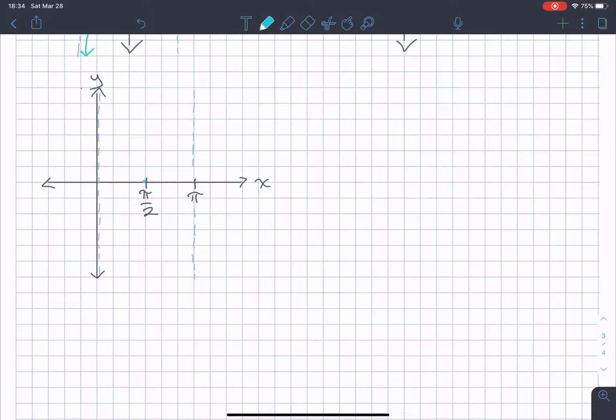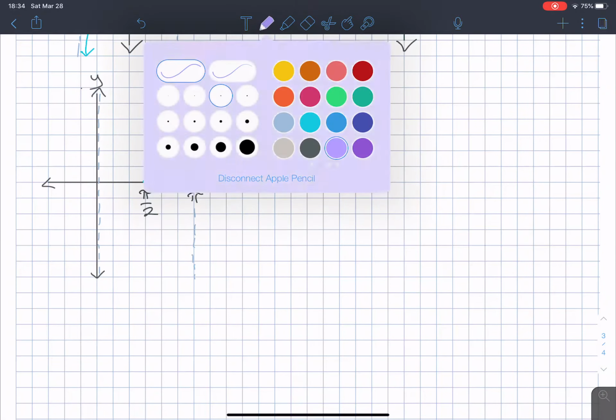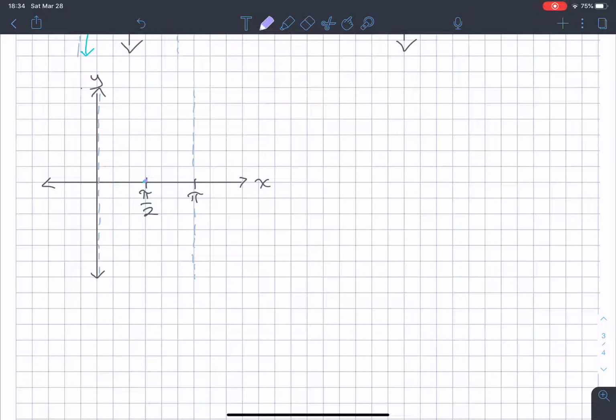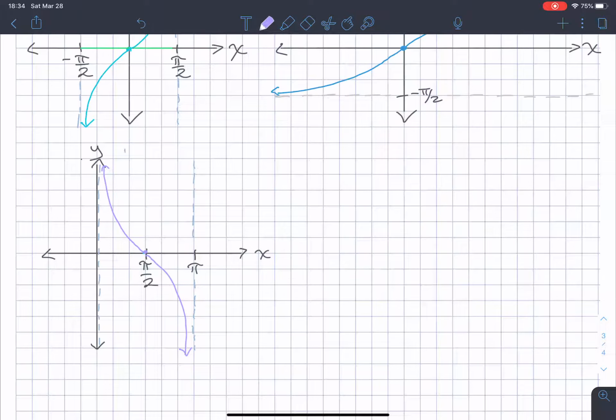Okay, so let's do this in purple. So cotangent goes downhill in reading direction, like so. So this is a graph of y is equal to cotangent of x. So the inverse function, so x and y.